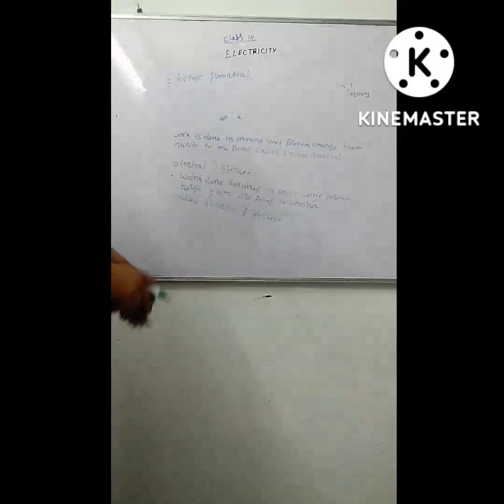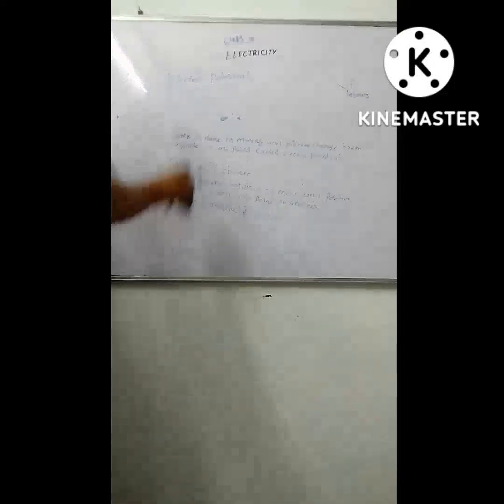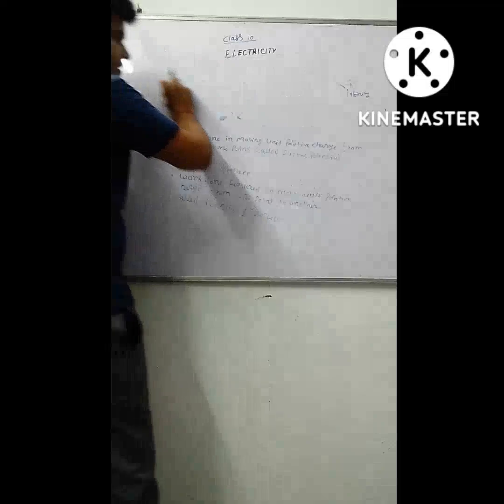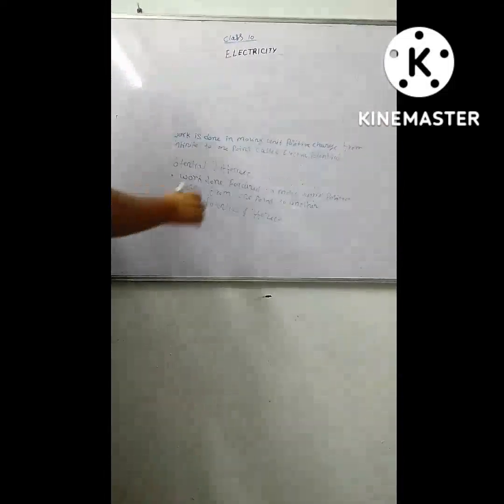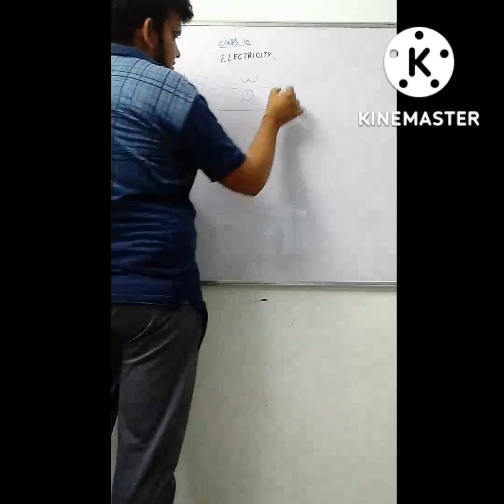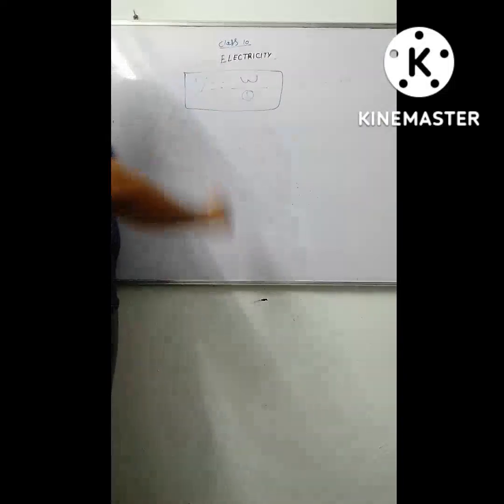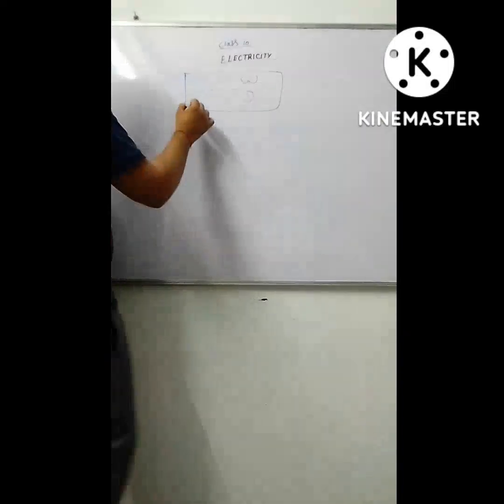And from these definitions, we found a mathematical formula for potential difference. Potential difference is equal to work done per unit charge.